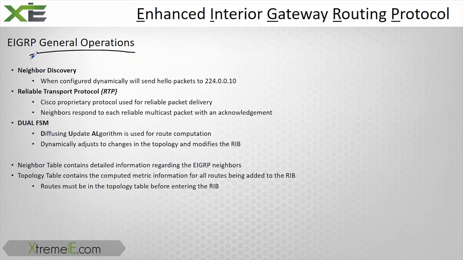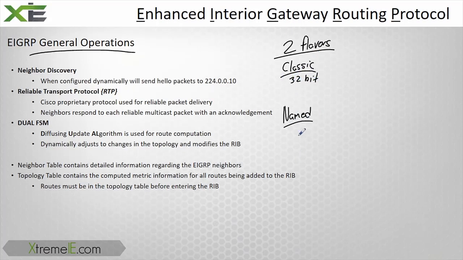Now, before we really get started with any of the content here, EIGRP comes in two flavors that we're going to need to know. It comes in what we call classic mode, and it comes in named mode. The primary difference under the hood is that classic mode is going to calculate 32-bit metrics, whereas named mode is going to calculate 64-bit metrics.